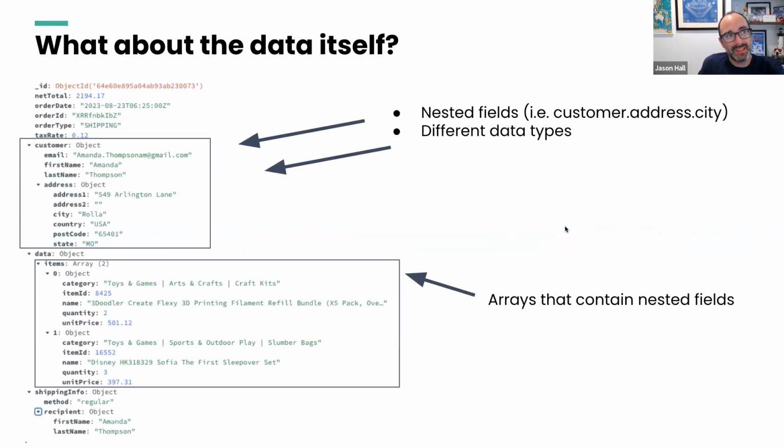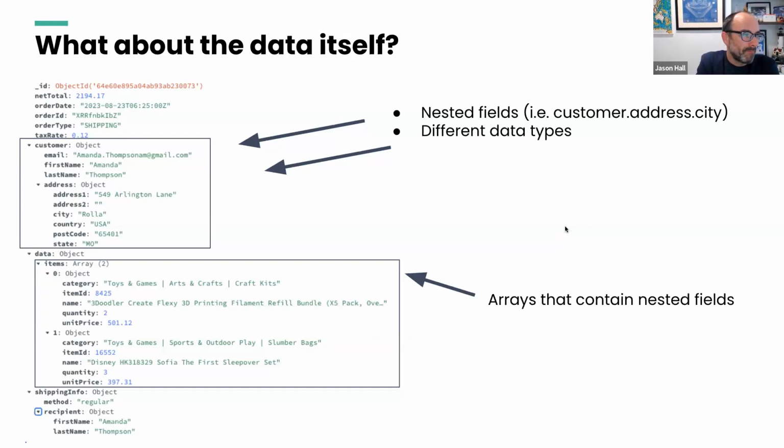But something that has to be considered is the fact that the MongoDB data structure does not easily map to the Snowflake data structure one-to-one, right? We talked about the fact that most Snowflake data is organized into tables, right? You've got rows and columns. MongoDB data, for all intents and purposes, is effectively JSON, right?